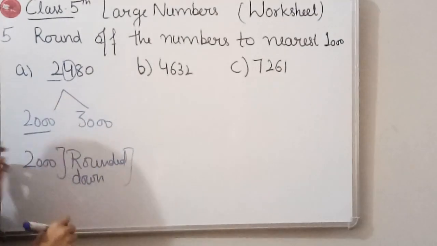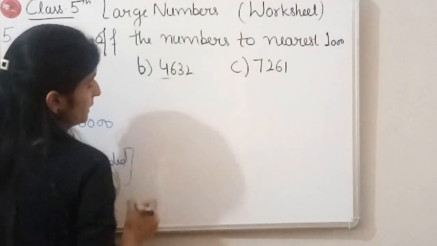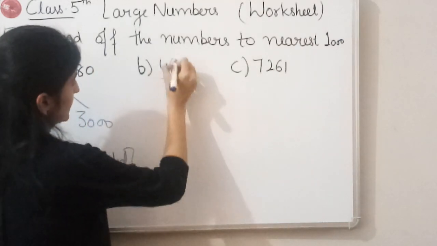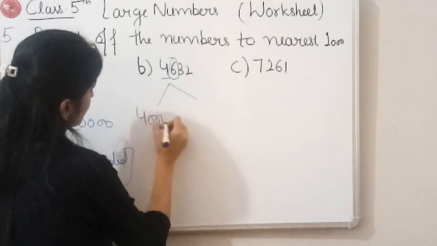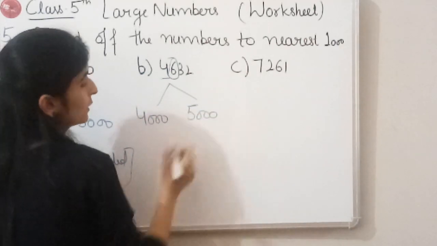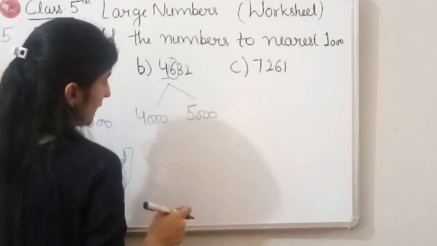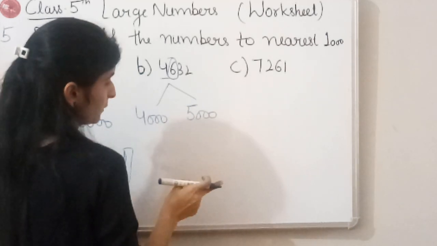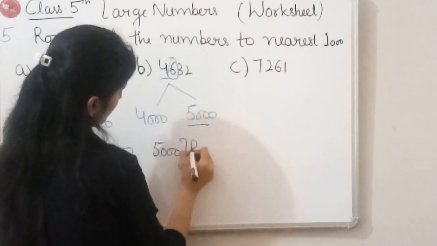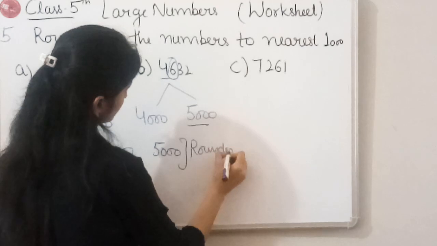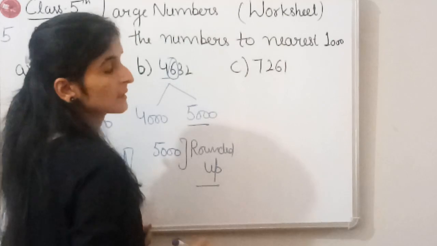Okay. Next is B part. Underline the digit which is on thousands place. Highlight the digit which is on its right. Now we should know where it lies. It lies in between 4000 and 5000. Now we have to compare this 6 with 5. This 6 is greater than 5. So this will be rounded up. Okay. Next is C part.